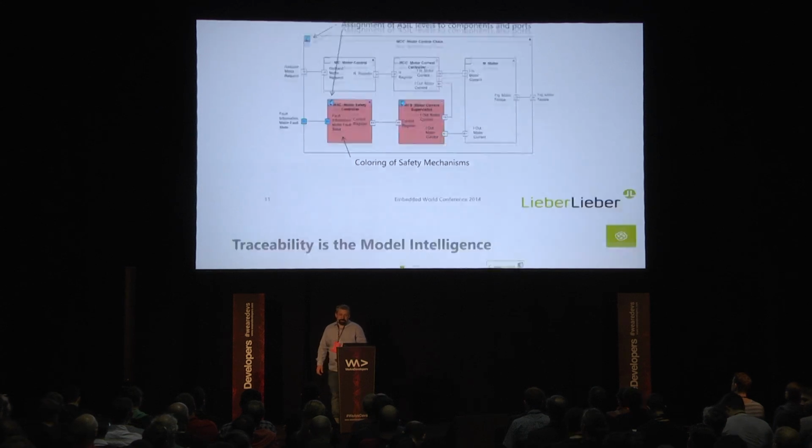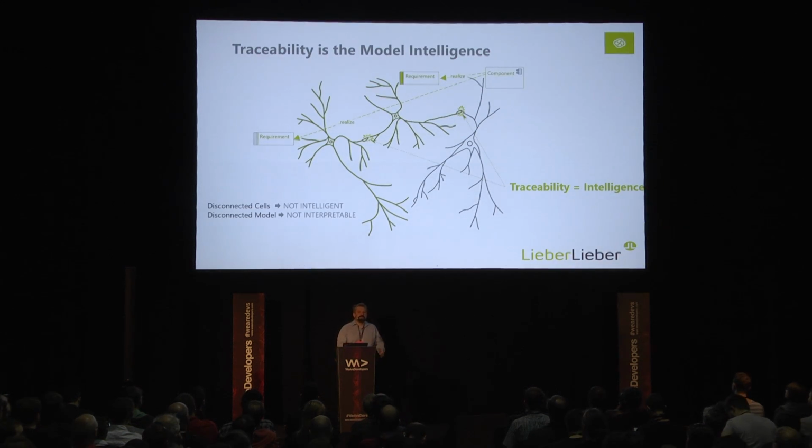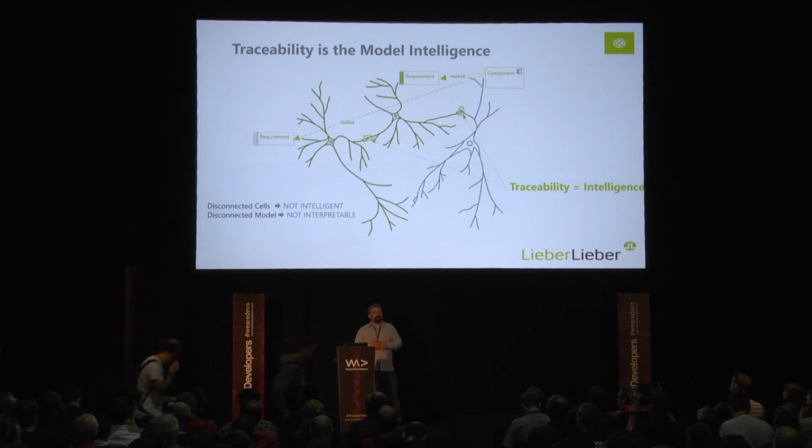And as I said, many people look at the modeling tools as diagramming tools, like Visio, like PowerPoint. But they are not. They are databases of a net of graphs. And so if you want a valuable model, you really have to make sure to link the information and make it work for you and derive stuff from your models.